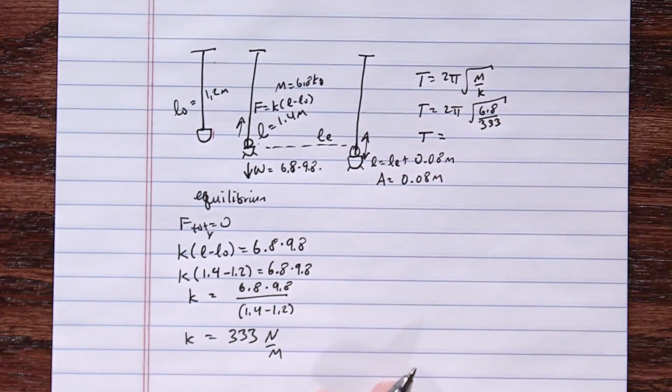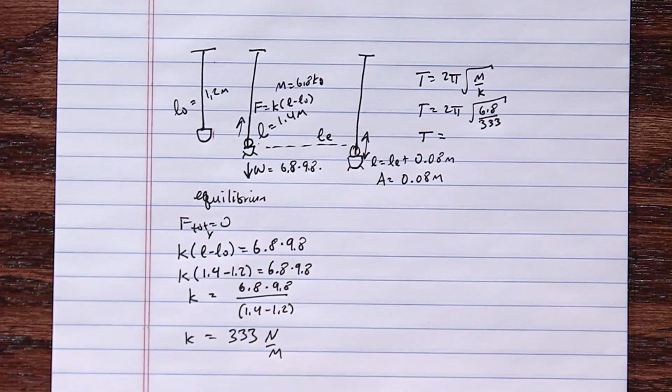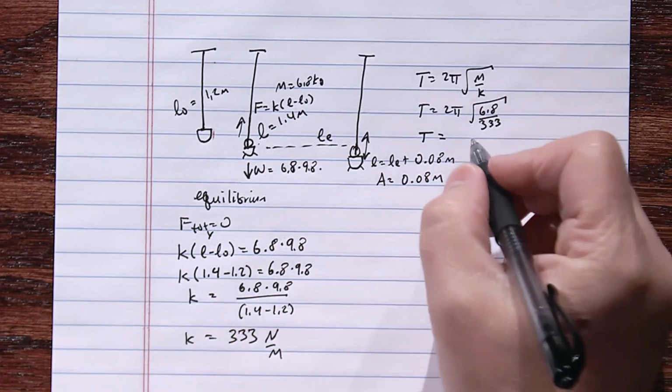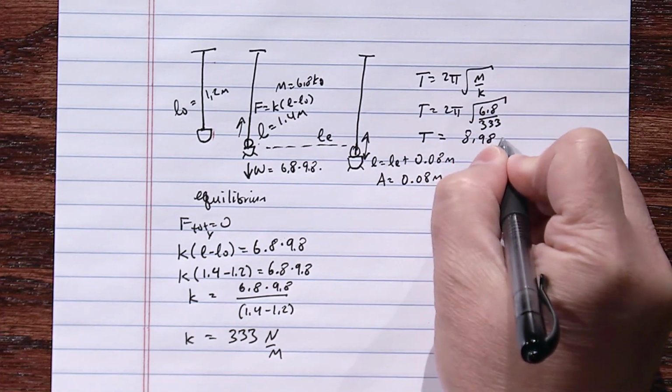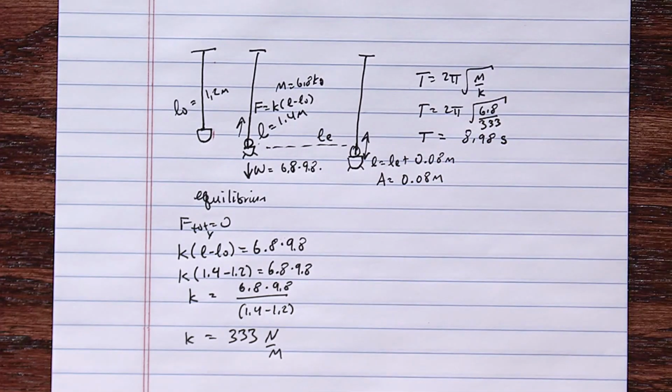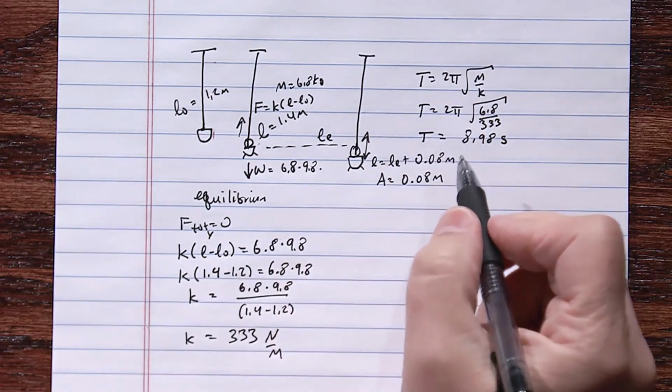So the period of the oscillation is 2 times pi times the square root of 6.8 divided by 333. And that would be 0.898 seconds. So we've answered the first question, which is, what is the period of the oscillation? And that would be 0.898 seconds.